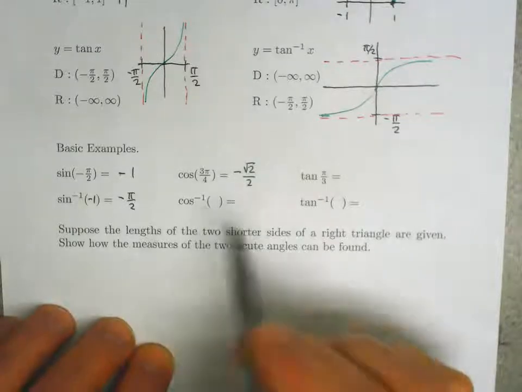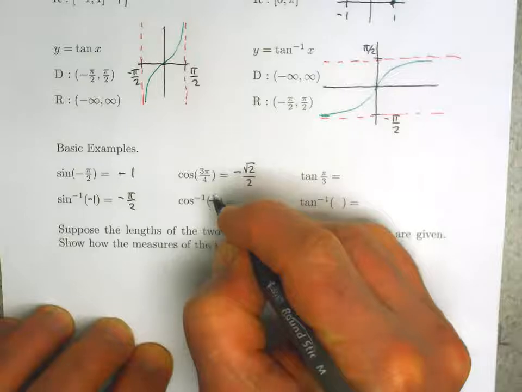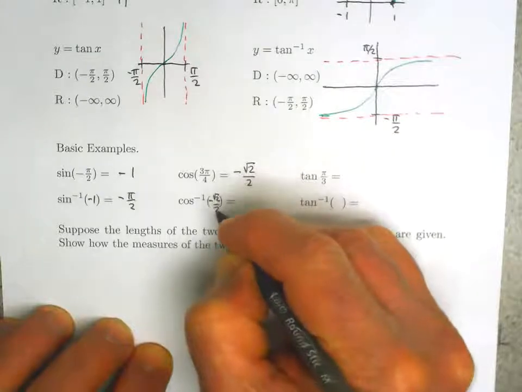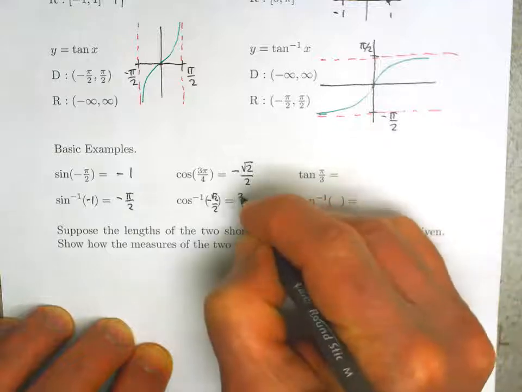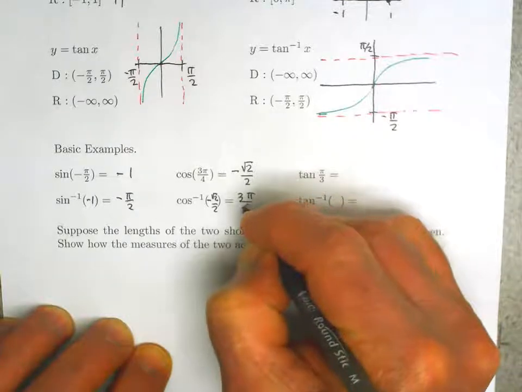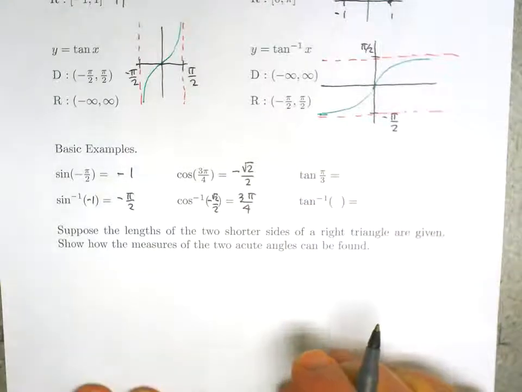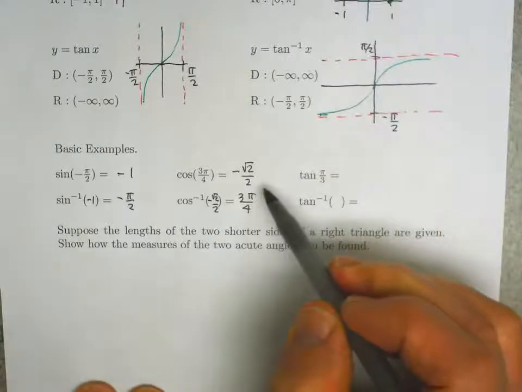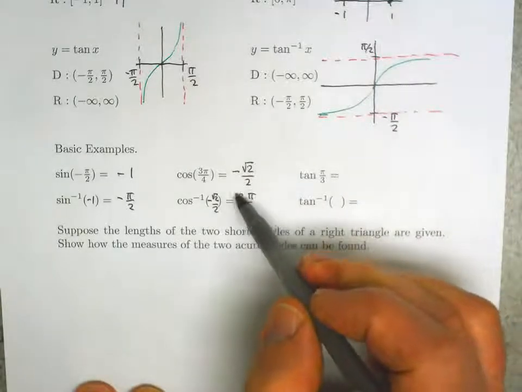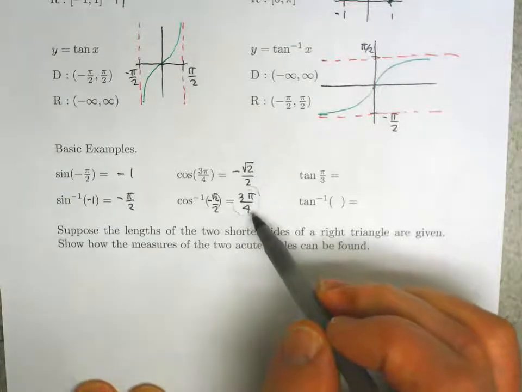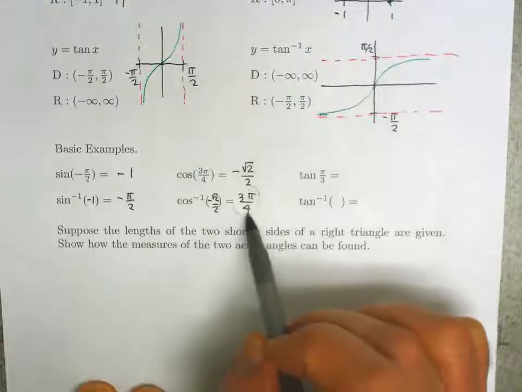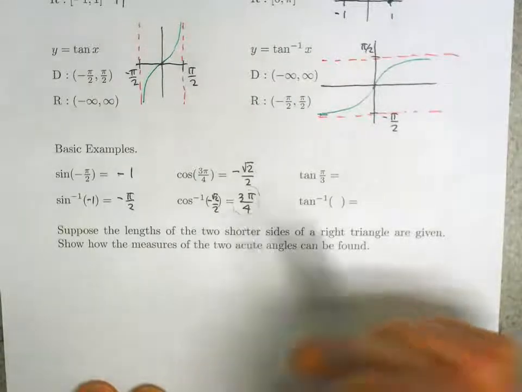So the inverse cosine of negative square root of 2 over 2 is equal to 3 pi over 4. So we have to remind ourselves that the range for inverse cosine is between 0 and pi. 3 pi over 4 is between 0 and pi.